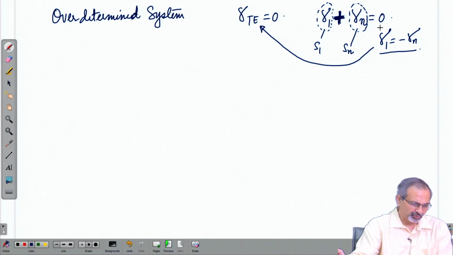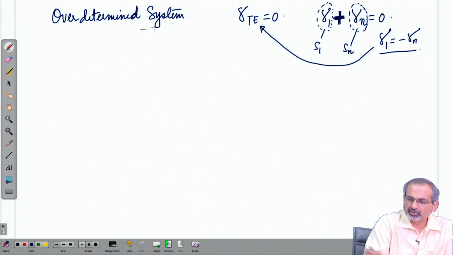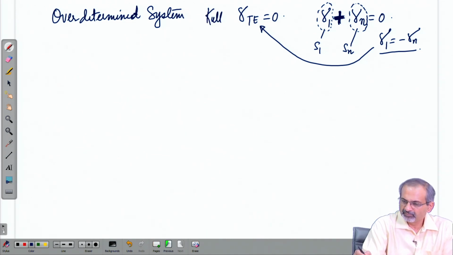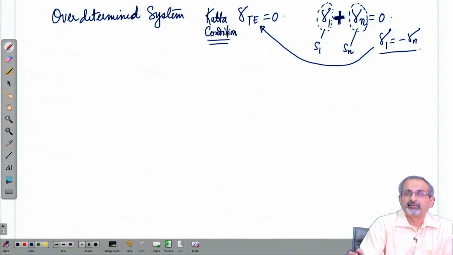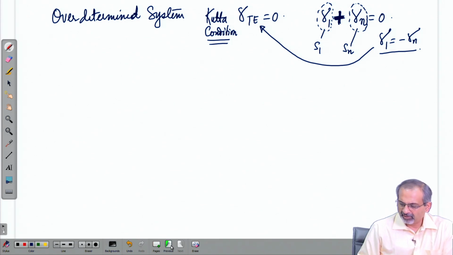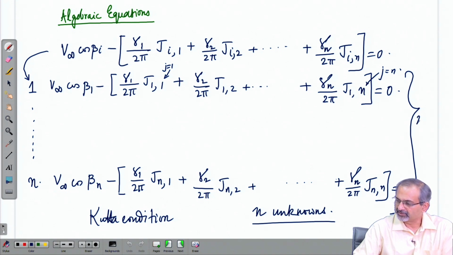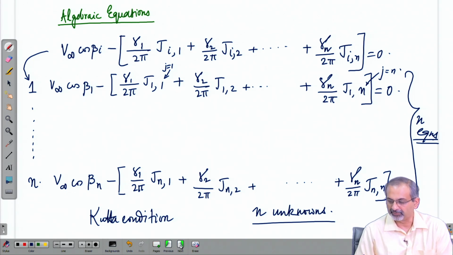So, what do we have now? We have a situation where the Kutta condition must be satisfied, so that the flow leaves the trailing edge smoothly. In addition, instead of using n number of these previous equations, you arbitrarily drop out one equation and you choose n minus 1 number of them.